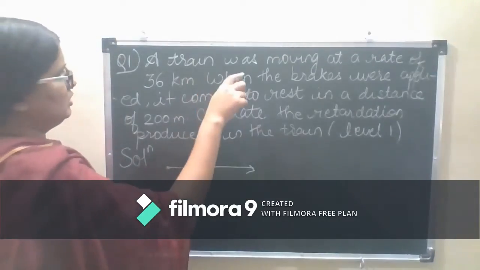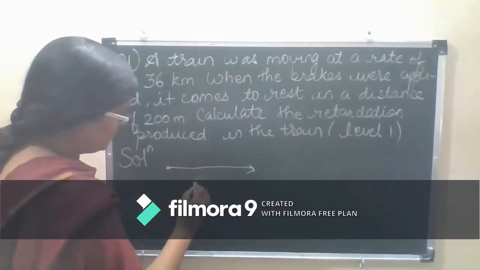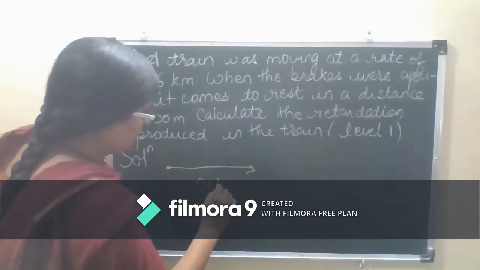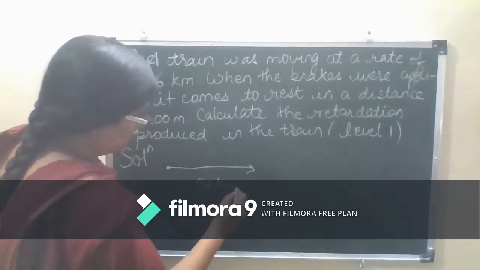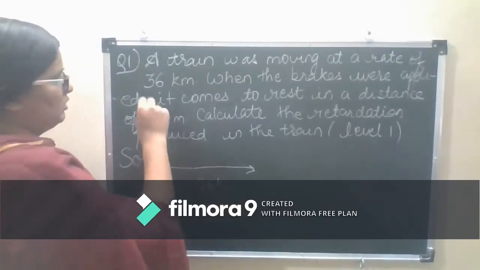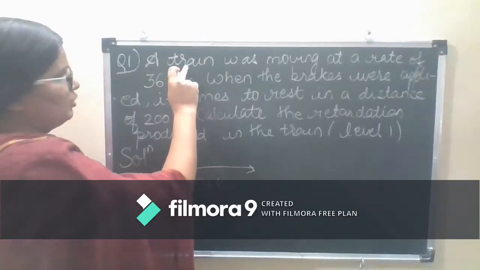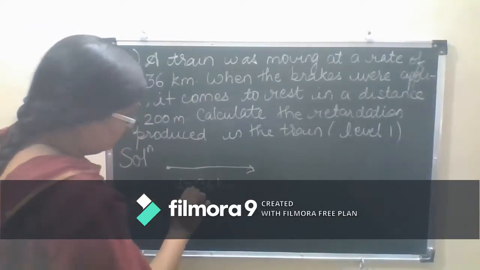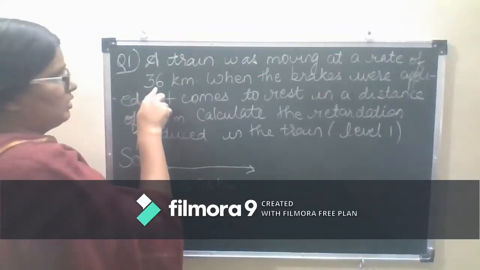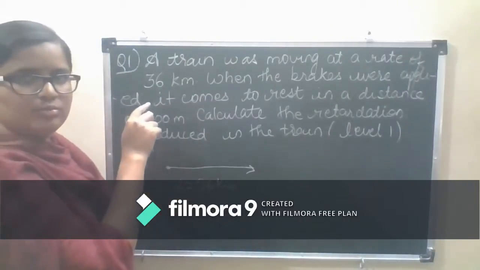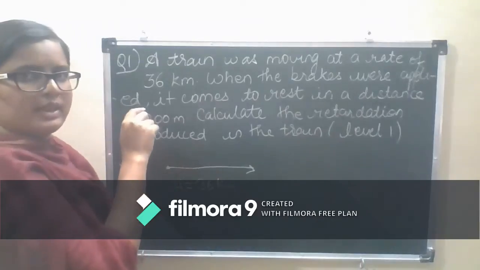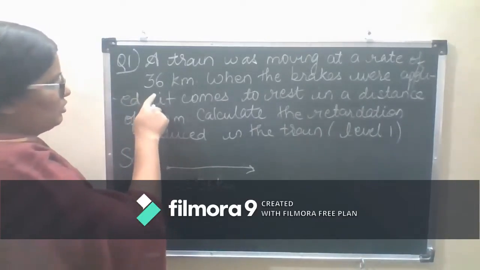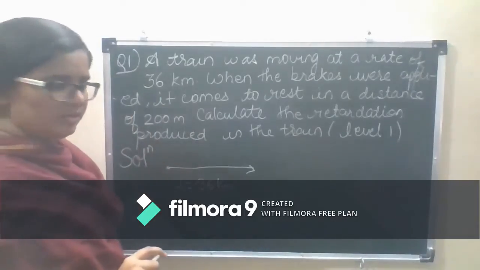What was the velocity? 36 km per hour. The train is moving, so this will be the initial velocity, because the object is not moving, the train is moving, and in that the person is also running.